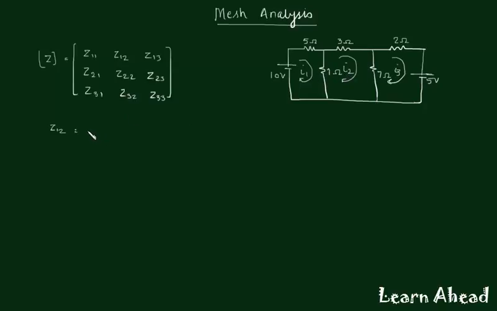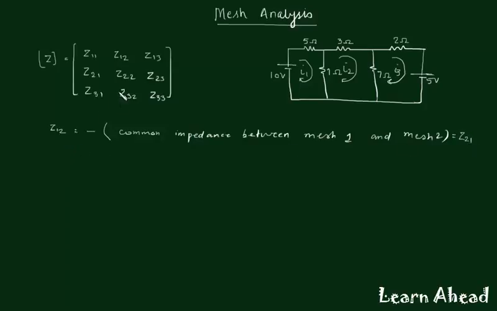That is, it is negative of the common impedance between mesh 1 and mesh 2. And clearly, this will be equal to Z21.